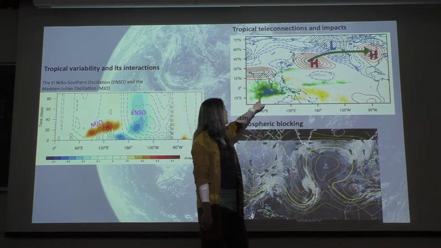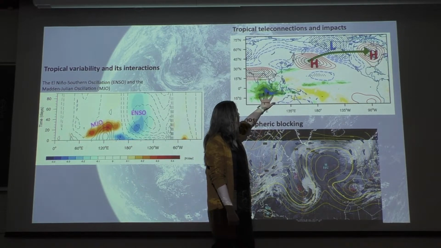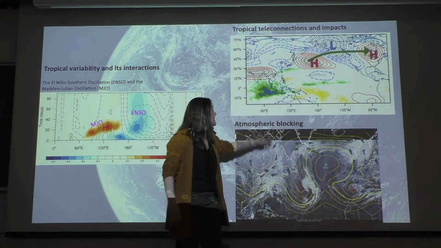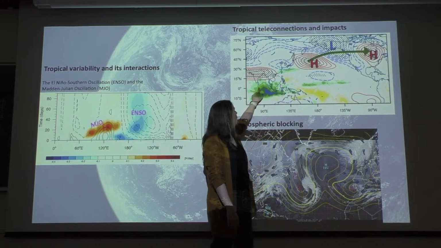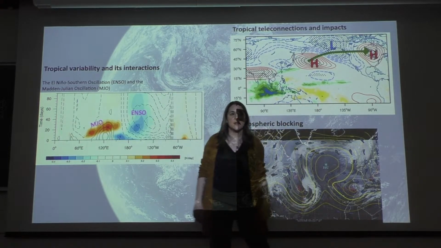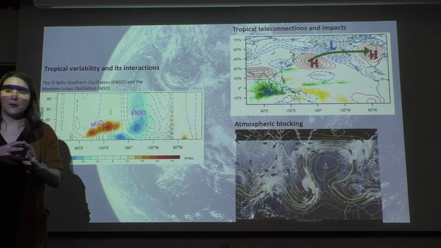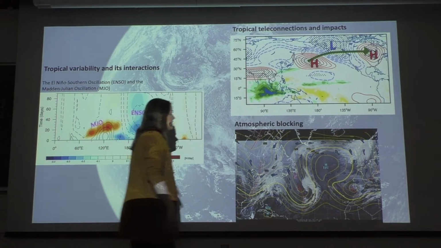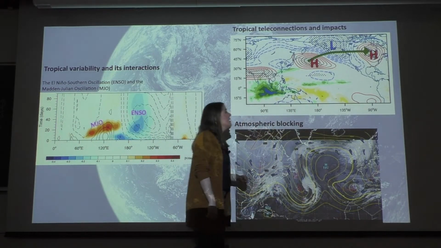So this is during an MJO event. Here we're not averaging all the tropical latitudes, so you can see that the MJO, an eastward propagating system, has increased precipitation over the eastern Indian Ocean and suppressed precipitation, here in the yellow, in the western Pacific. The MJO forces these really large-scale waves known as Rossby waves, which is what you see in the contours up here.